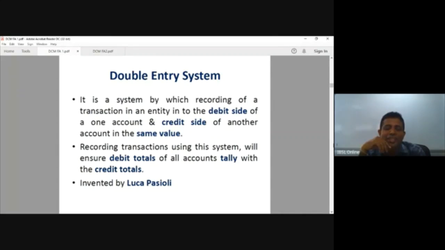He introduced this system. But he didn't say that at your discretion you can debit or credit. He also introduced a system where you have to do the debits and credits in a particular way. If I go to the next slide, you need not write anything, you have to listen to me. All the things I have uploaded, if you feel anything is important you can write it down, but otherwise you have to listen carefully to me.